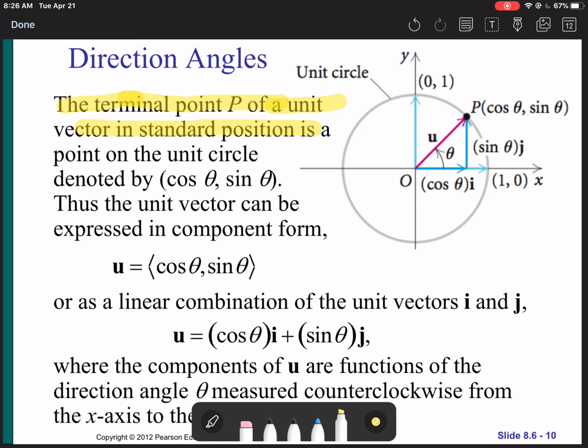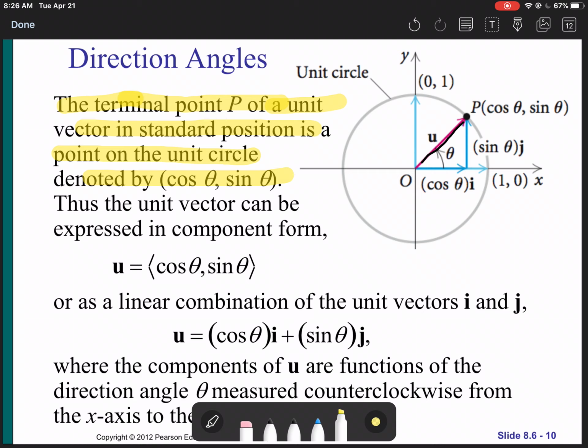All right, so this vector u in our diagram, initial point at the origin, terminal point at point P, it is a unit vector, which means its magnitude is 1. And if its magnitude is 1, then that terminal point P would have to be a point on the unit circle.